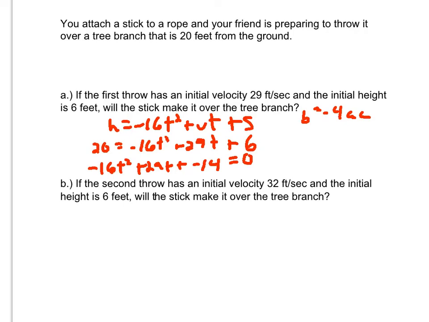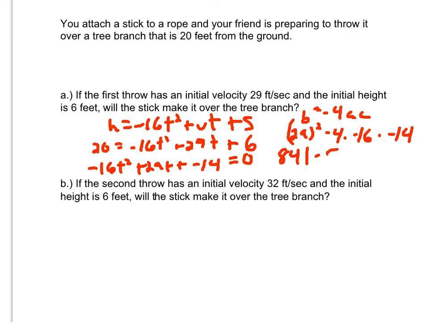Well, b squared, that's 29 squared. Sorry, I didn't really need the parentheses, but we have them in there anyway, it's okay. Minus 4 times negative 16 times negative 14. Alright, well, if I take 29 and square it, I'm going to get 841 minus 4 times negative 16 is negative 64 times negative 14.